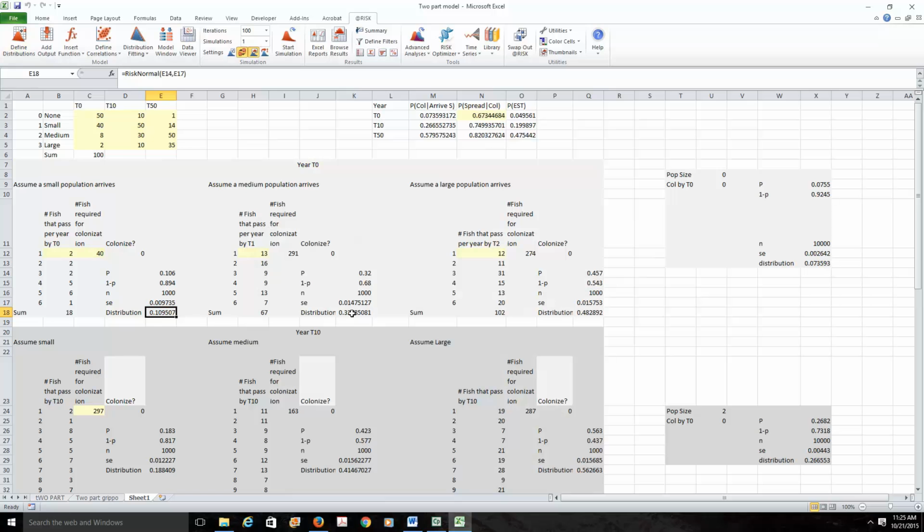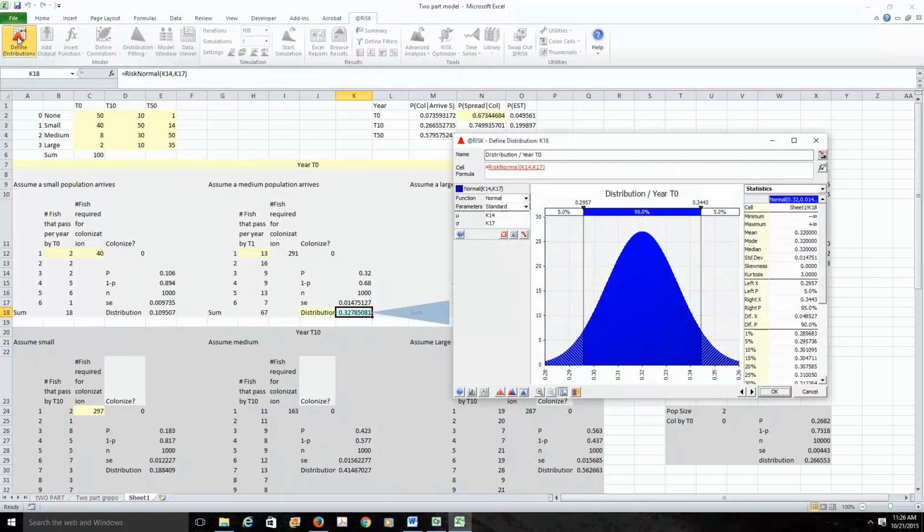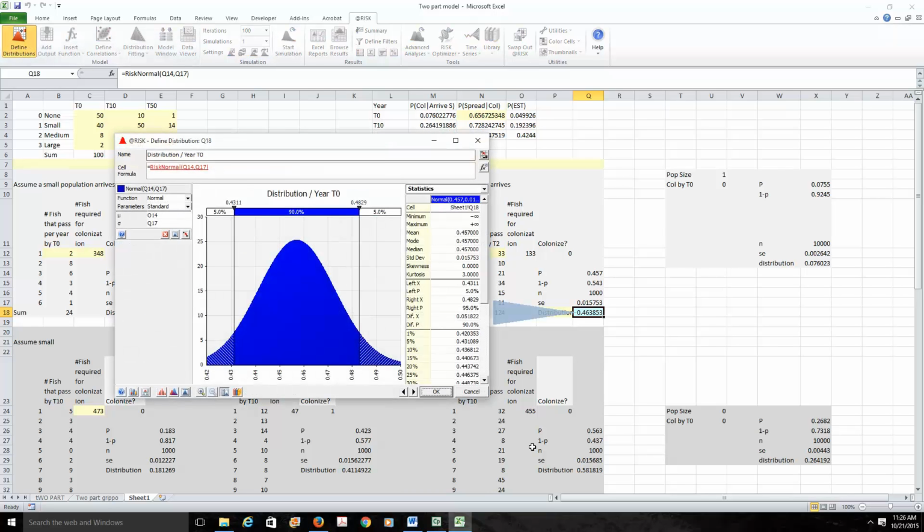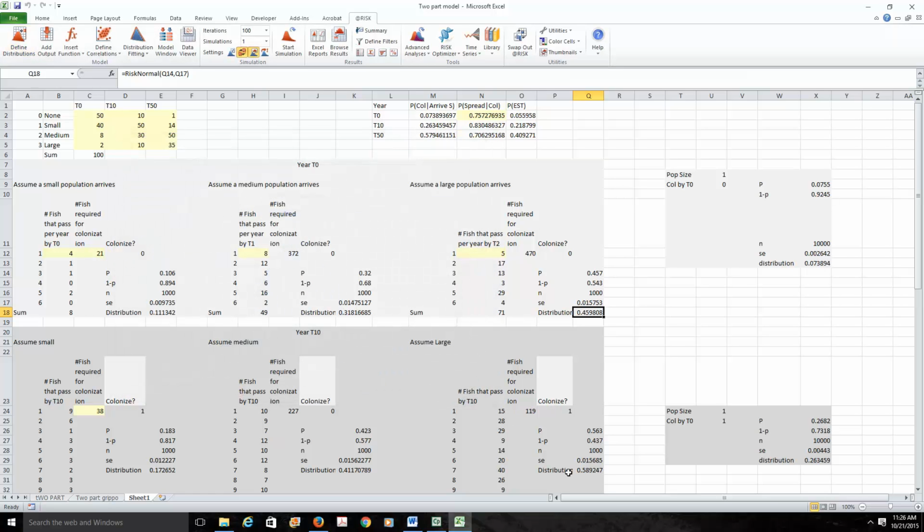In a similar fashion, I have developed a distribution for the medium-sized population and a distribution for the large-sized population. And if I was to scroll down the model, you would see this was done for year T10 also, and then for year T50.